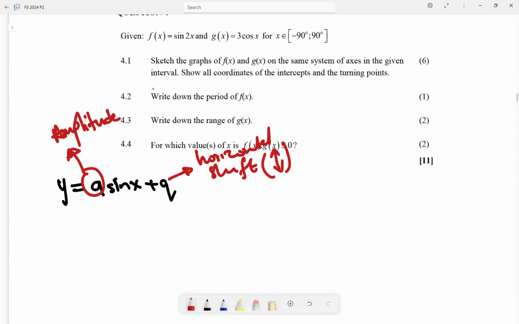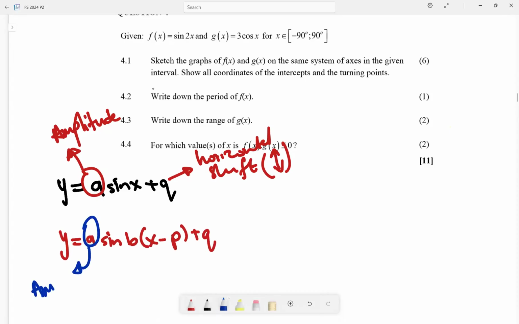Then, in grade 11, we introduce something. Now we say y = a sin(b x minus p) plus q. A is still your amplitude. Q is still your up or down movement.